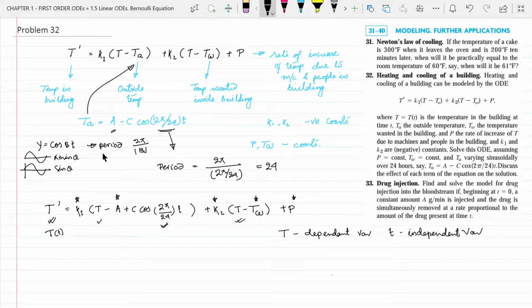So let us rearrange this equation before solving the equation.